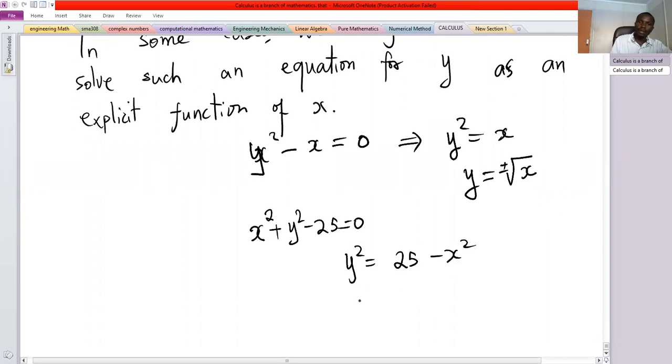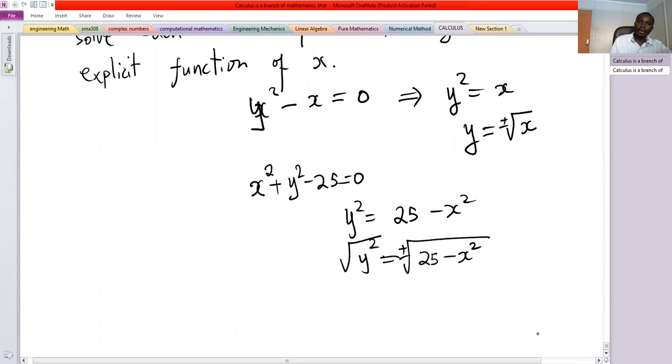So y is the square root of 25 minus x squared. So you express y to be plus or minus square root of 25 minus x squared. So for a given specific example like this one here, we can express y explicitly in terms of x.